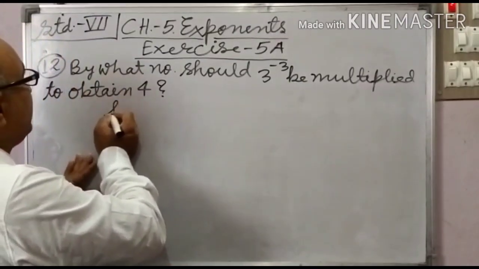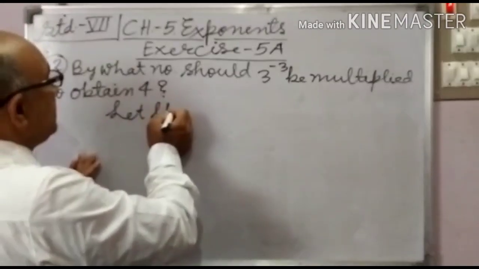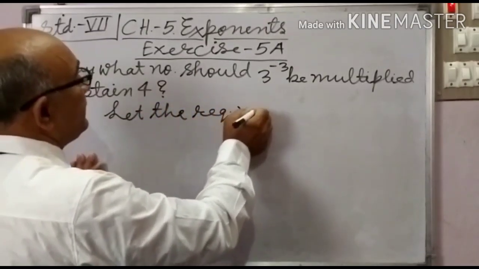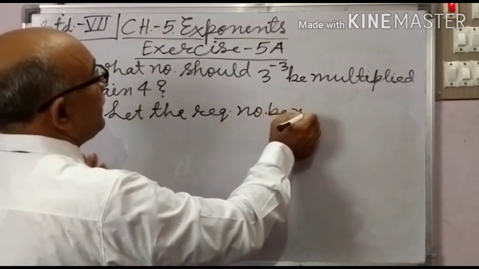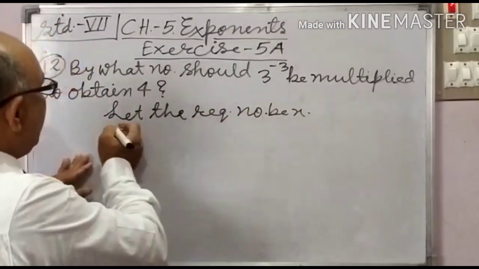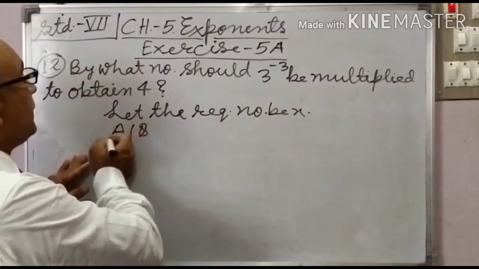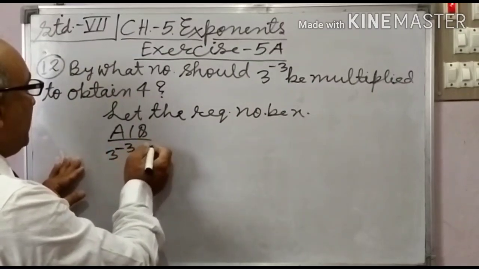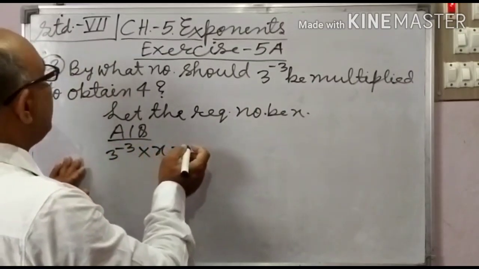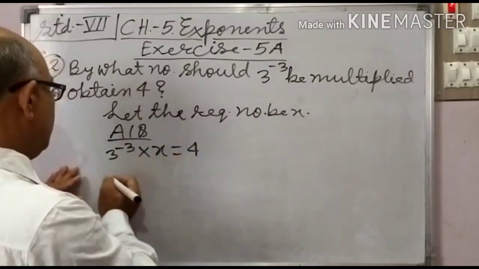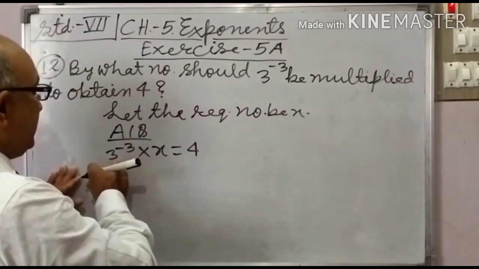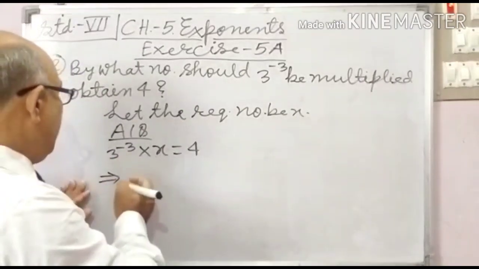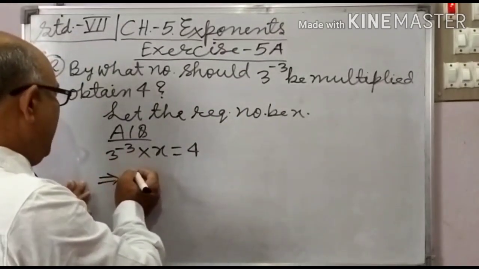Students, let the required number be x. According to the question, 3 to the power minus 3 multiplied by x equals 4. That implies a to the power minus m equals 1 by a to the power m.